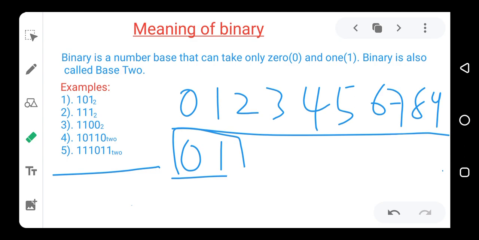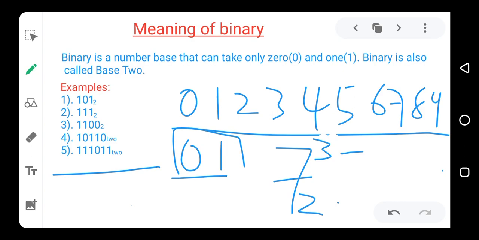For instance, if we have 7 and we write something on top of it, maybe we have 3 here and we have 2 here. The 3 here is called a power of this 7, while the 2 that is written under is called the base. So the one on top is power and the one below is called base.